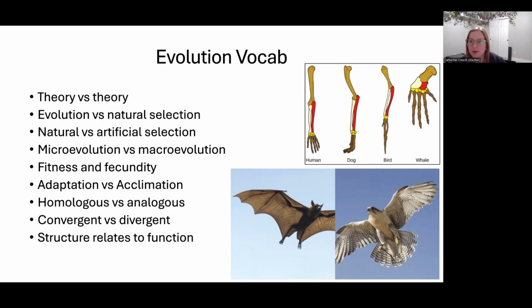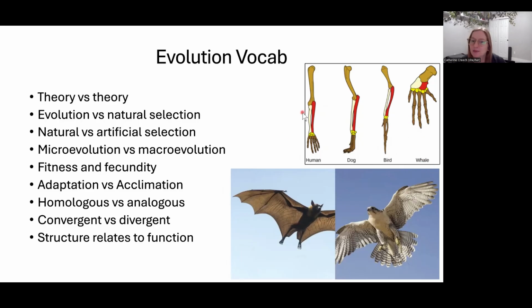We have a vocab word to describe whether or not a feature is evolutionary related or not. So a homologous structure means that there is a common ancestry pattern to the feature. The example is the forelimbs of different types of mammals. So here we have a human, a dog. This is not a mammal, this is a bird, and this is a whale, which is a mammal.